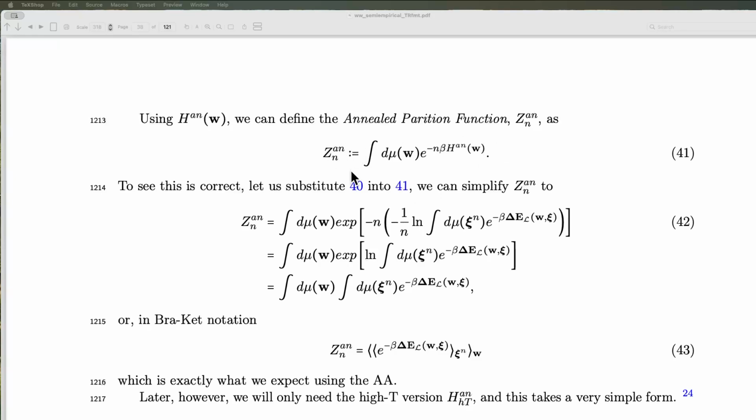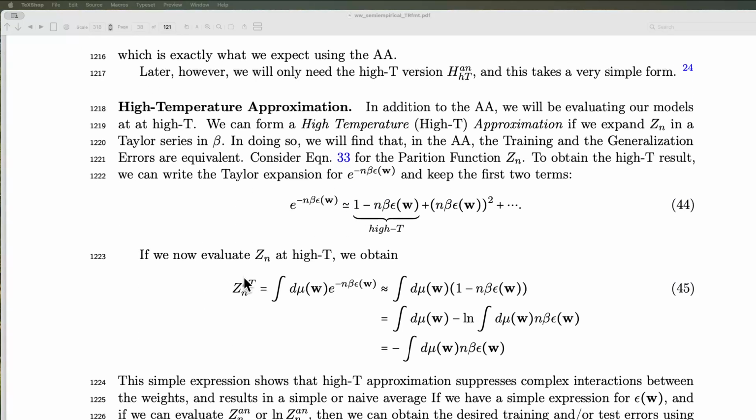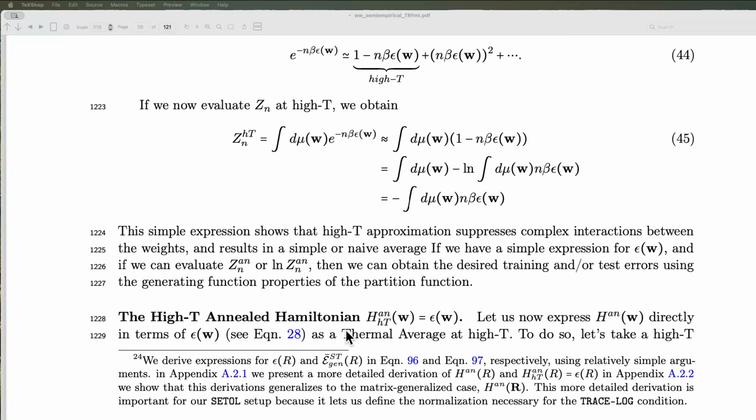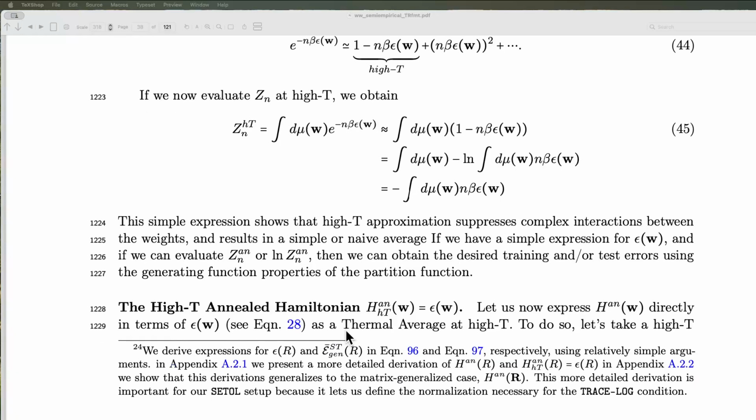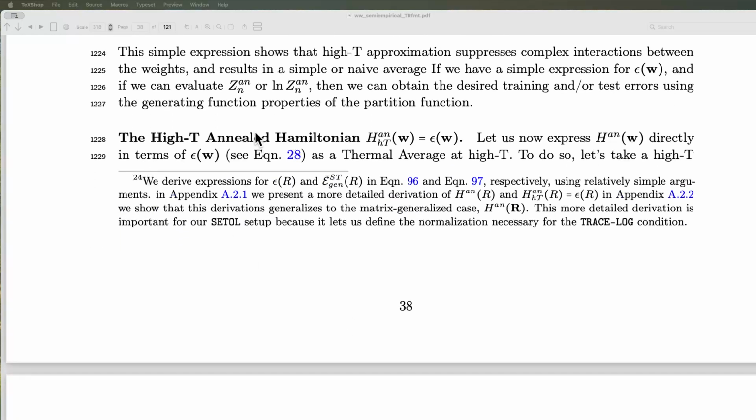I'm missing an A in there. Now we see at high temperature, the annealed Hamiltonian is just equal to this simple potential. This is a key idea: the high temperature annealed Hamiltonian, HANHT, takes the form of just this annealed potential epsilon of W, and that will be a key result that we use quite frequently.